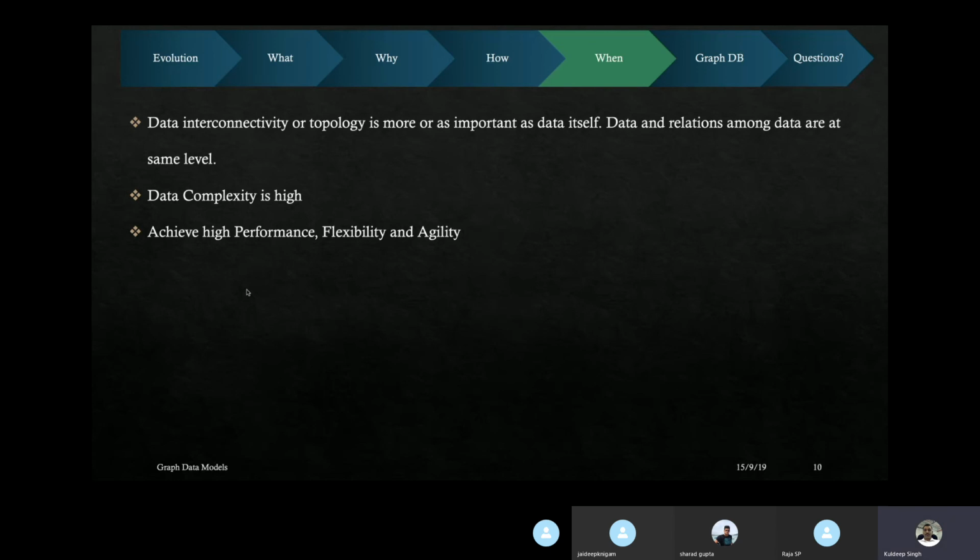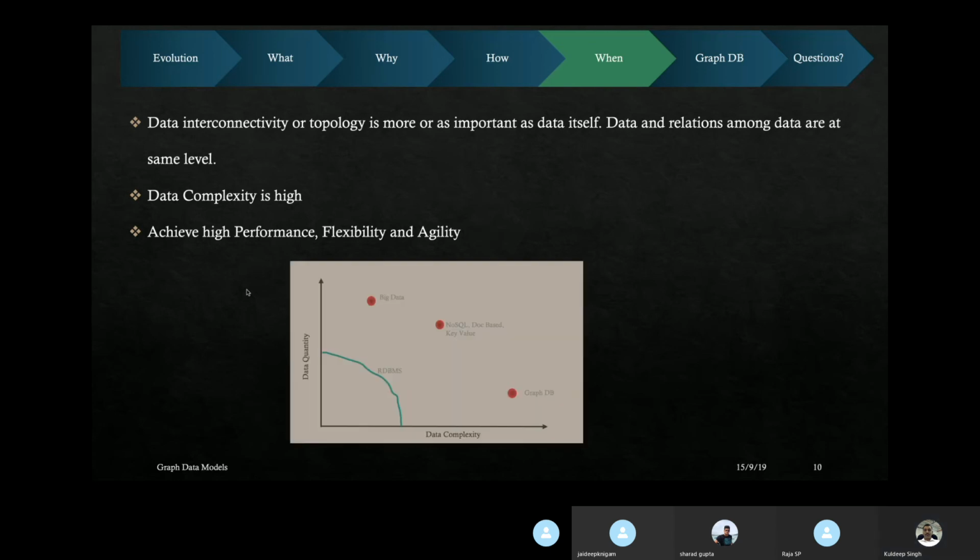So I will try to make a point through this small chart. Say data complexity is on the X axis and data quantity on the Y axis. Quantity means there are huge volumes of data for entities, and you need to process it and traverse throughout the database for some information.